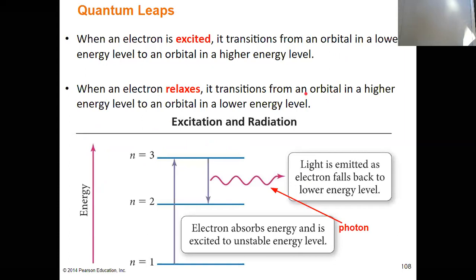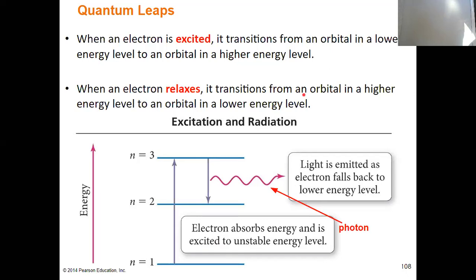We're going to finish up by talking about energy, electron excitation and relaxation. That involves your electrons absorbing energy or releasing energy, depending on what they're doing, because your electrons are going to be moving up and down between the different energy levels they reside in.